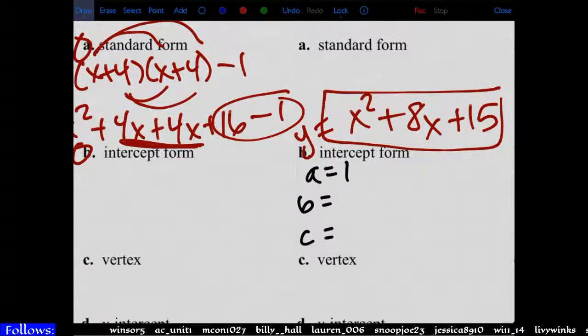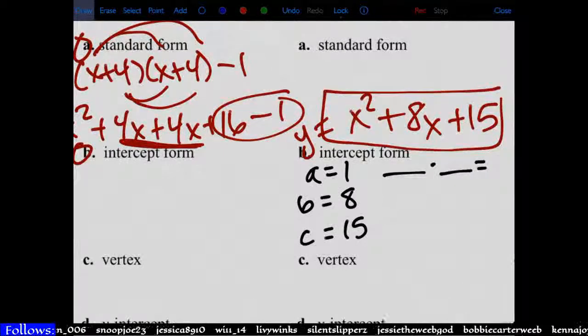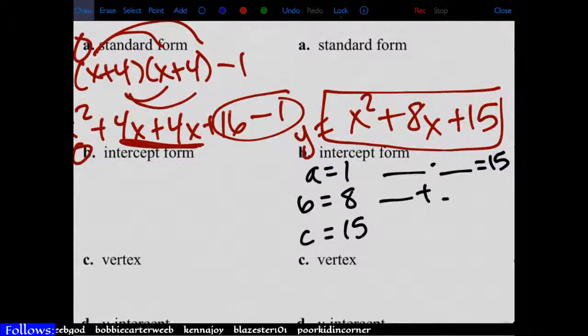Alright, A's 1, B's 8, C's 15. So I need two things that multiply to make A times C, which is 1 times 15, 15. And I need two things that add to make B, which is 8.